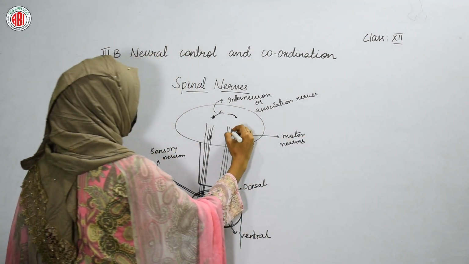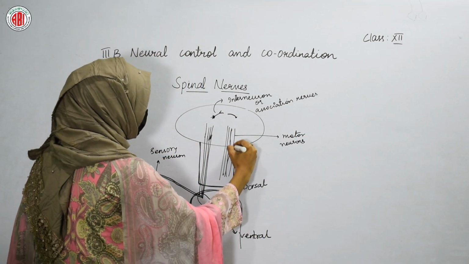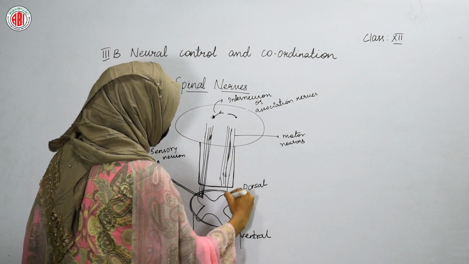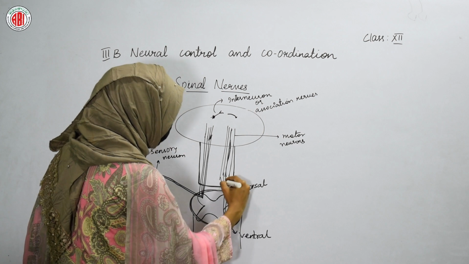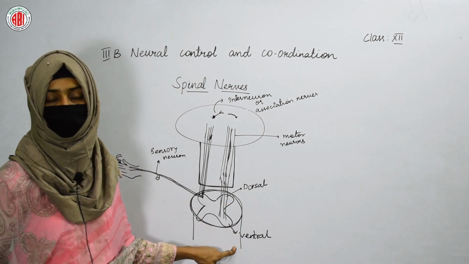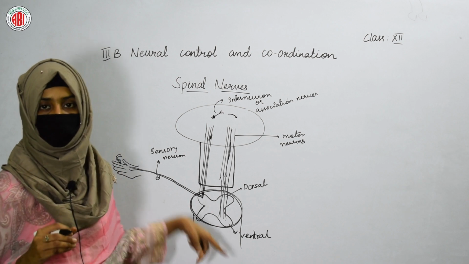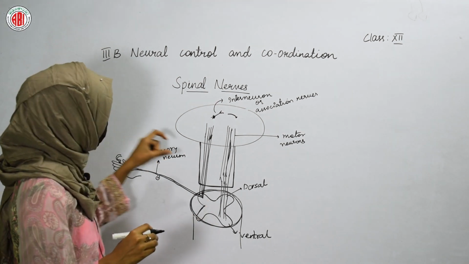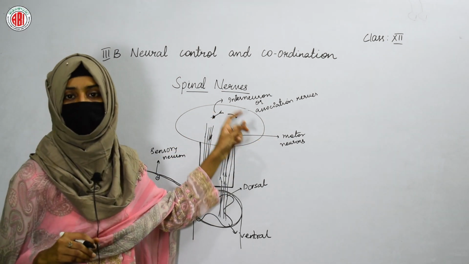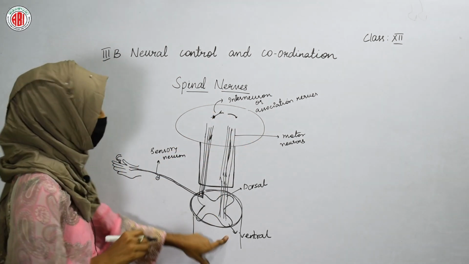Here the motor neurons' axons pass through the spinal cord, and they reach the ventral horn of the spinal cord. Sensory neurons send the information to the dorsal horn, but the motor neurons give the command through the ventral horn.